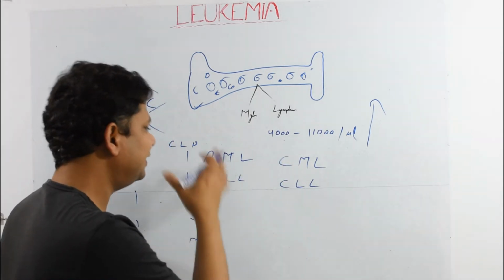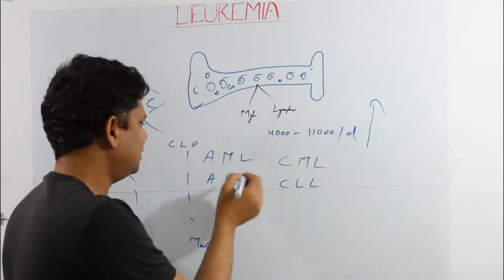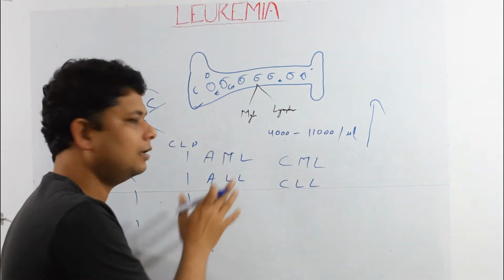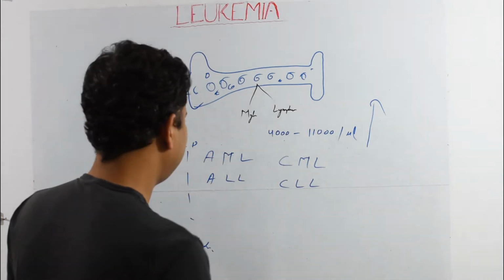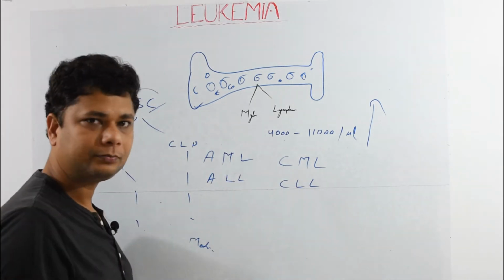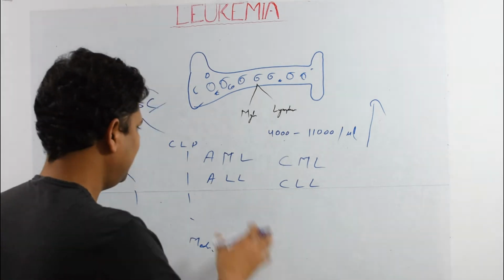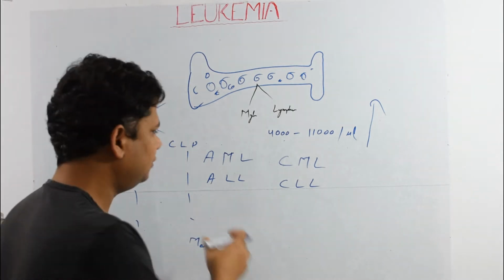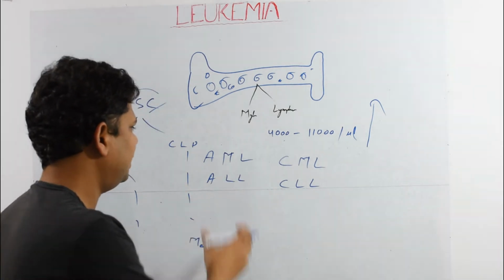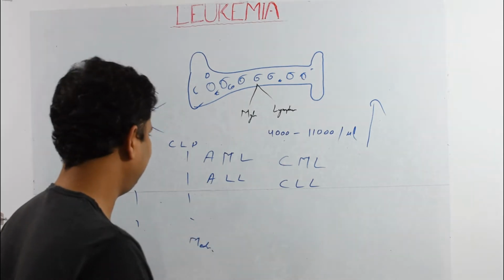There are also several other kinds of leukemia based on different types of cells and different types of mutations. They are divided into different kinds. We are not going into detail on that. If you need details about the different kinds of leukemias, I can make another video for that.